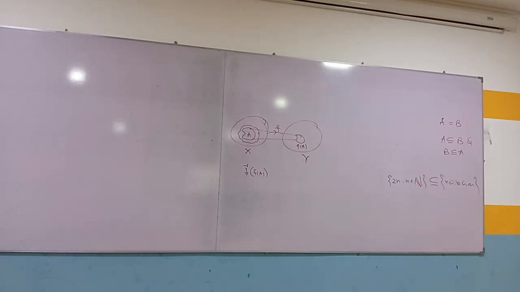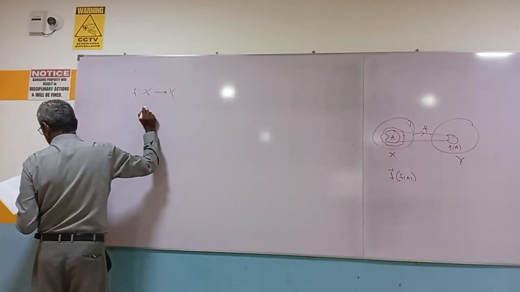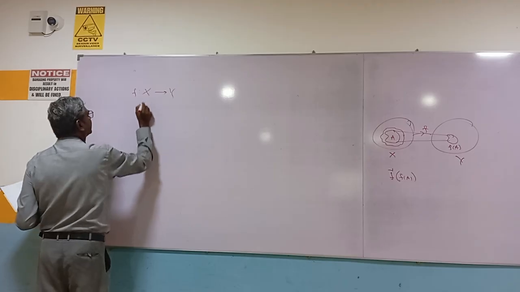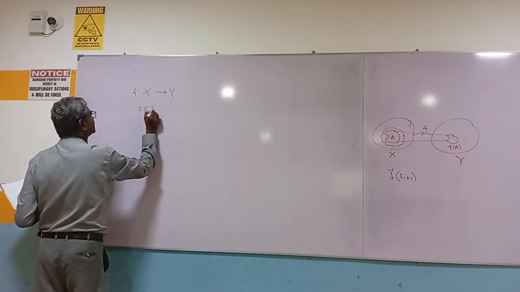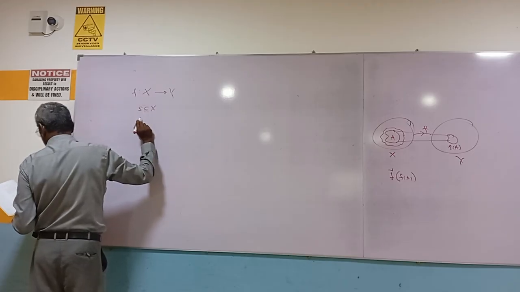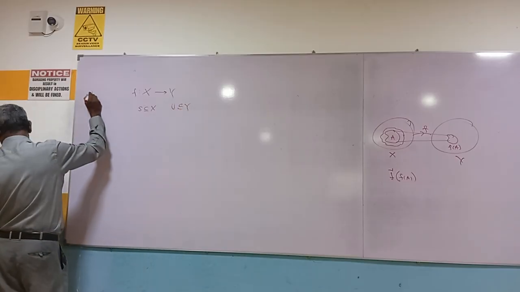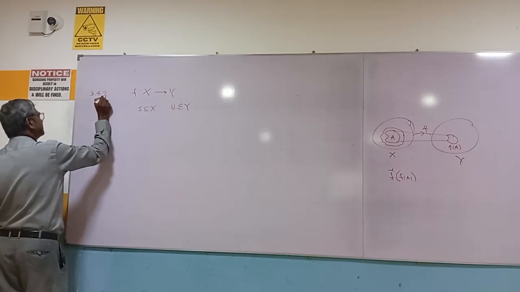The question says, let f go from X to Y. Let S be a subset of X, and U a subset of Y. This is 3.4.2, I guess.